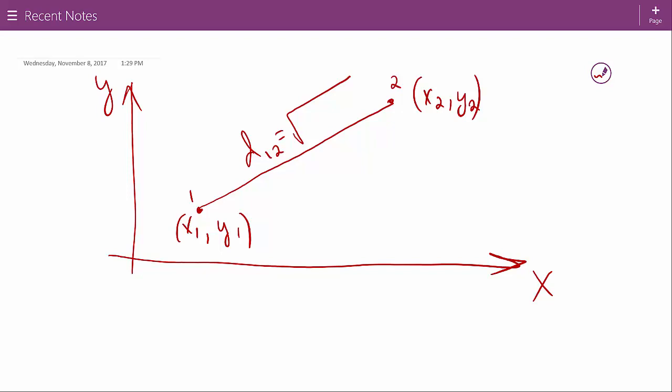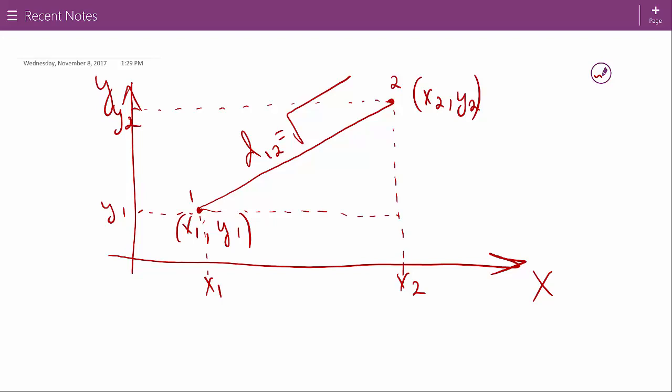So the basis of this Pythagorean theorem is a right triangle, correct? Like this. So this is my x1, and this is my x2. This is my y1, and this is my y2.